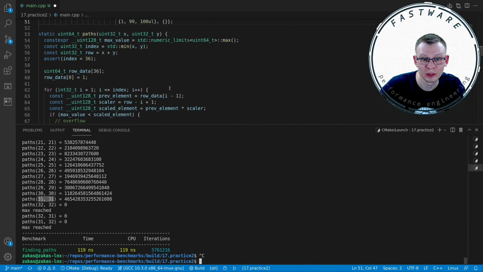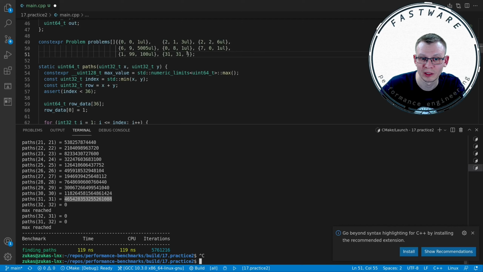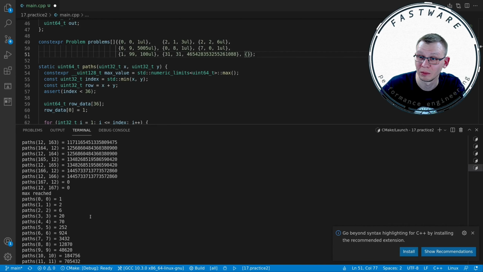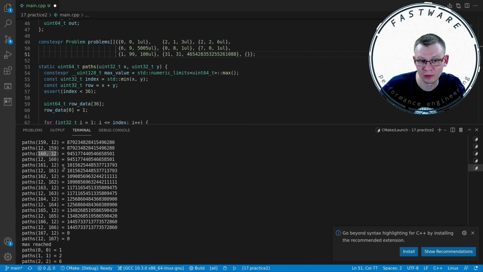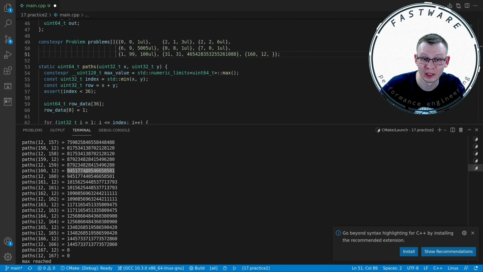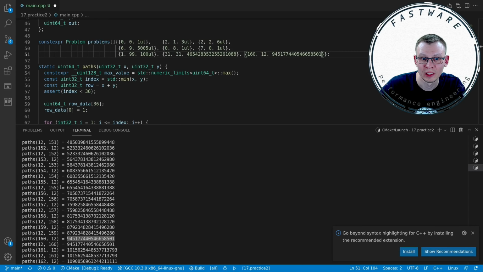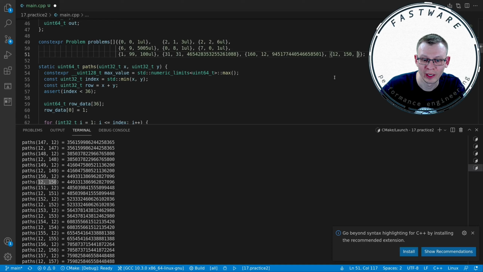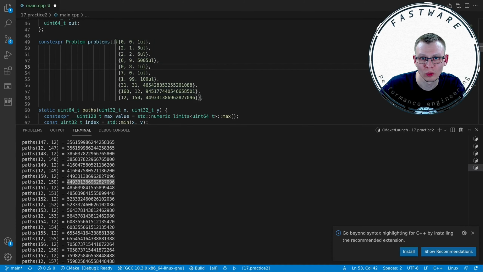These are my limits. This is not limited by my implementation. It's limited by the uint64 maximum size, that maximum value that it can contain. Obviously, we can make it slower using a uint128, but I don't want to do that.